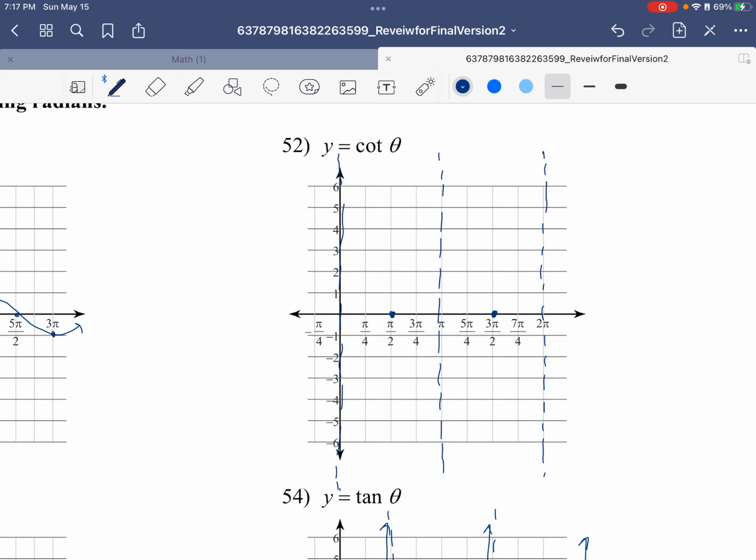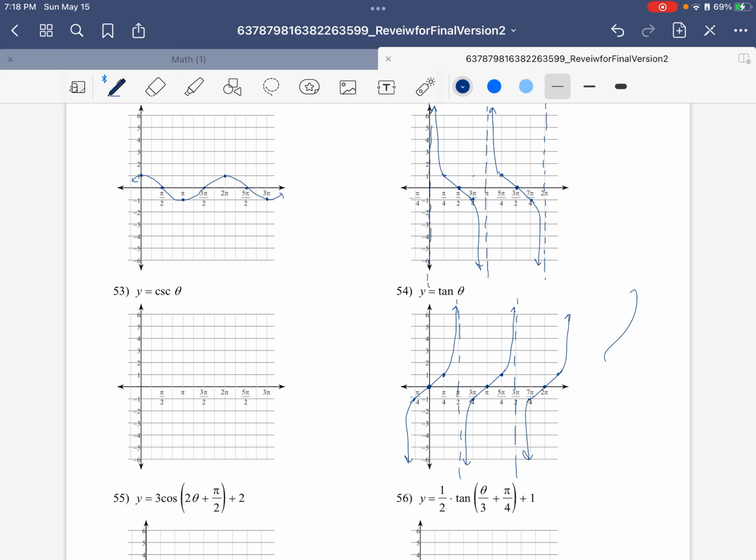And instead of going up, you're going to go down instead, so it's going to do the opposite. So it's going to be going like this instead of like that. It's going to be going like that.